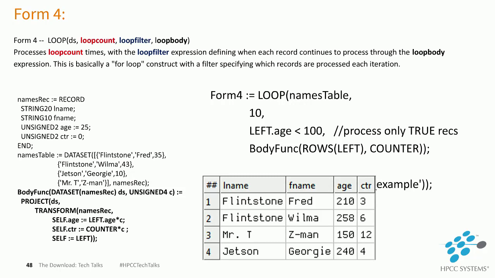So you get to Georgie Jetson, and even though the counter looks like 4, it looks like Georgie Jetson cut out before Mr. T, but that's not true because actually what happened was by the time it got to Georgie Jetson, which I believe has an age that's set at 10, it's the lowest age, so it should be the last record that's processed in this test data set. So what happens is it was the only record that got to that loop. So the counter was 1, and I think the loop was in its 4th iteration there. So 1 times 4 is 4.